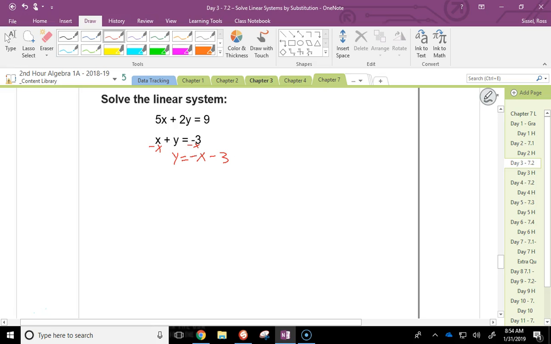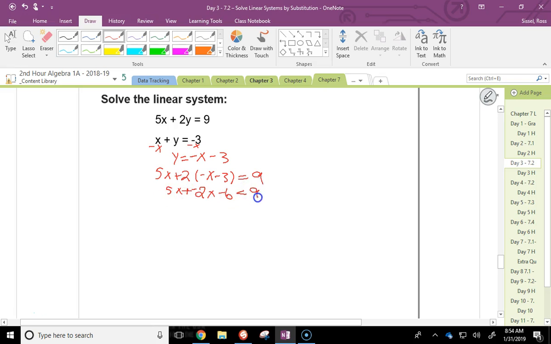And then I did 5x plus 2. Okay, so she's going back to the first equation now. Now that she has that y equals an equation, we went back to the first equation. 5x plus 2y equals 9. And instead of saying 2 times y, we substituted in that equation that she just found. 5x plus 2 times -x minus 3.